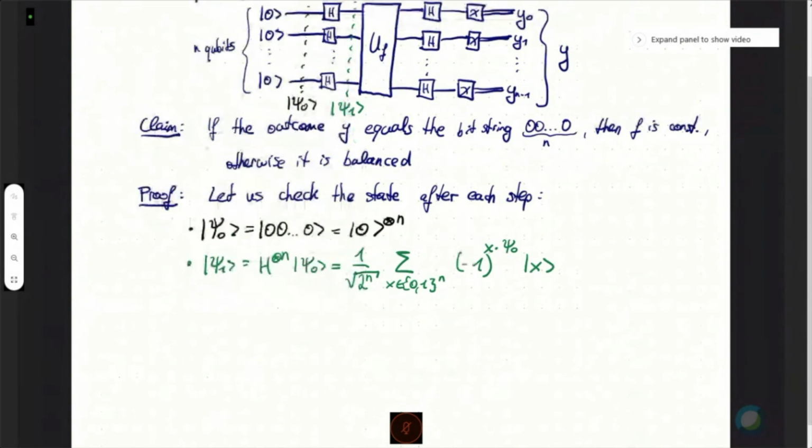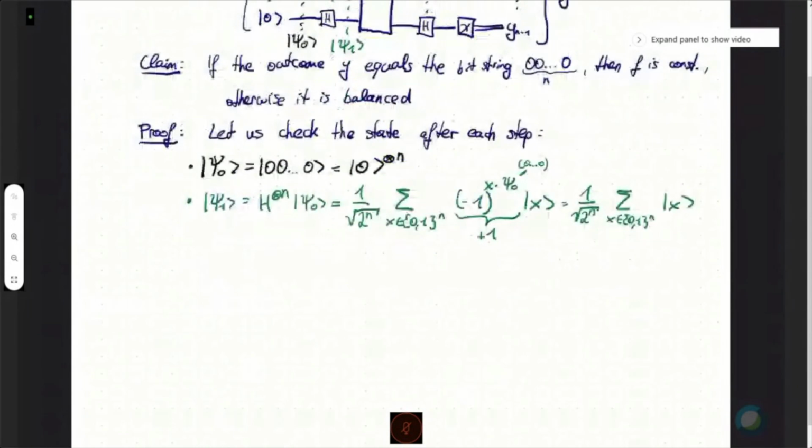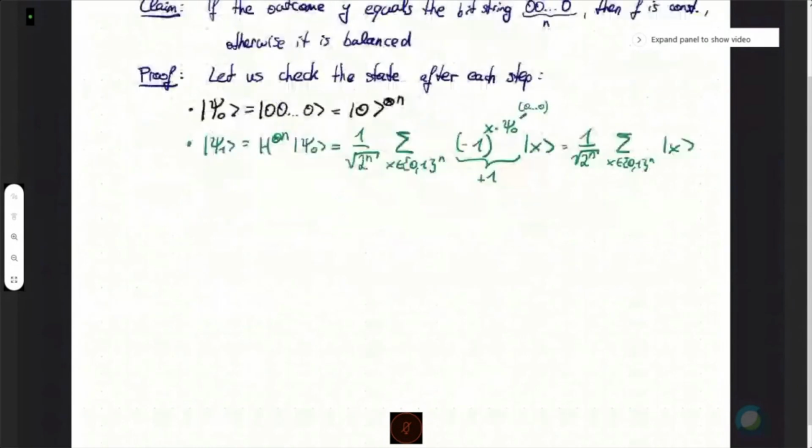But now what we know is that psi 0 is actually just the 0-bit string. So the inner product will always be 0, which means that this factor will always be plus 1. So we can just write 1 over square root of 2 to the n, and then the equal superposition of all 2 to the n bit strings. Good. So we can go to the next step.